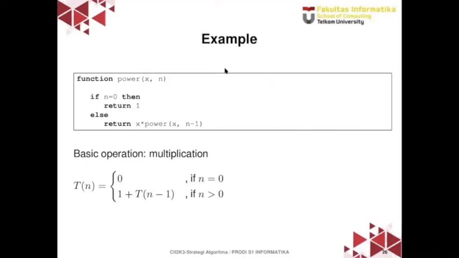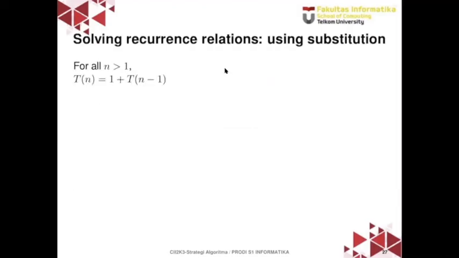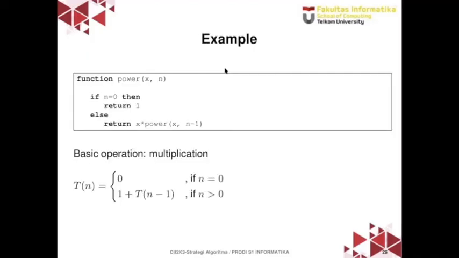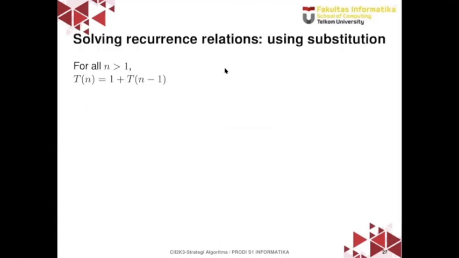And the question is how to solve it. How do we know which big O it belongs to? We can solve the recurrence relation using substitution. So we know from the relation that for all n bigger than 1, T(n) is 1 plus T(n minus 1).